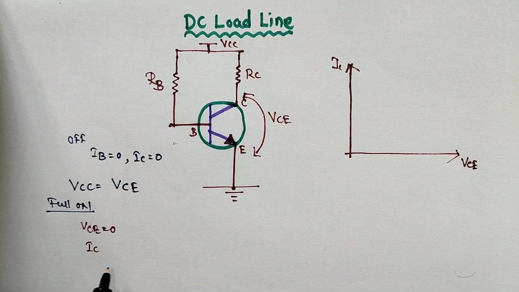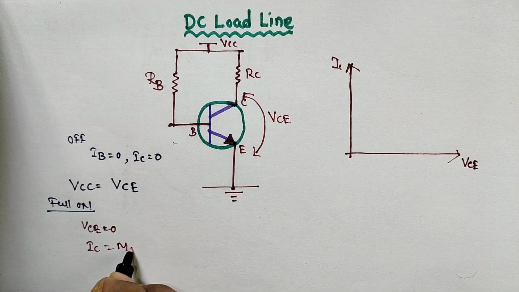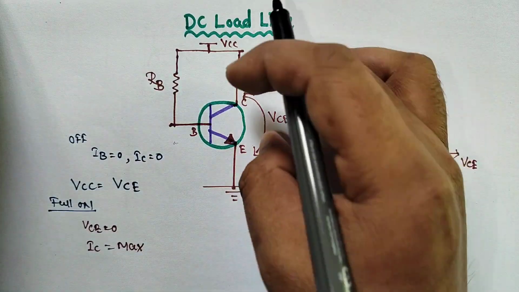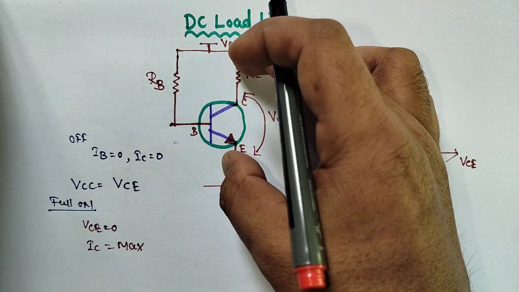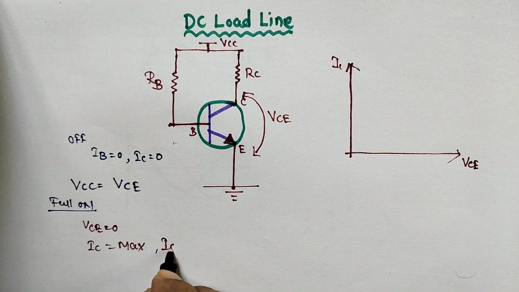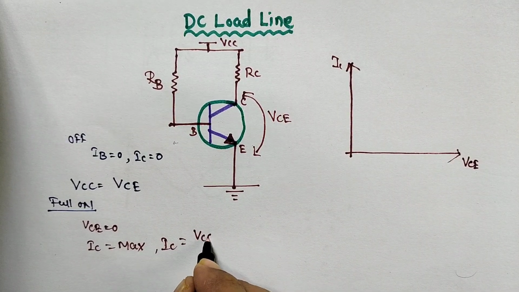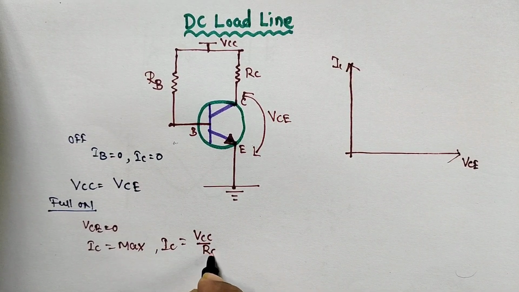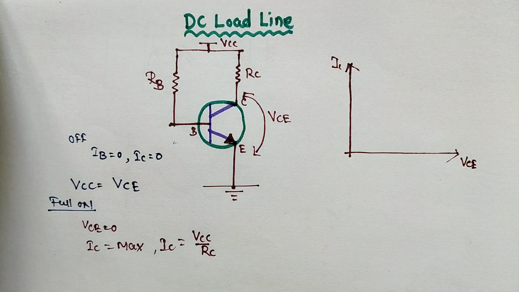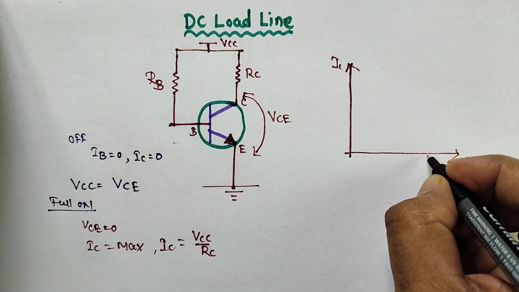Since the transistor is completely on and shorted, only RC is present, so IC equals VCC by RC.